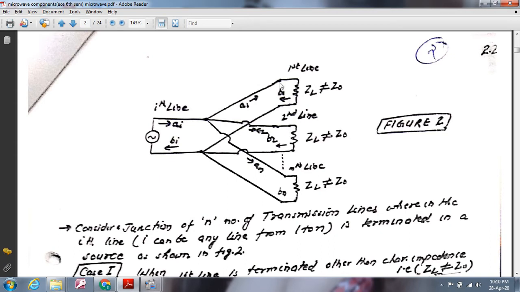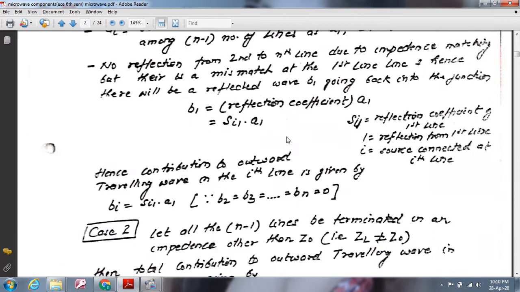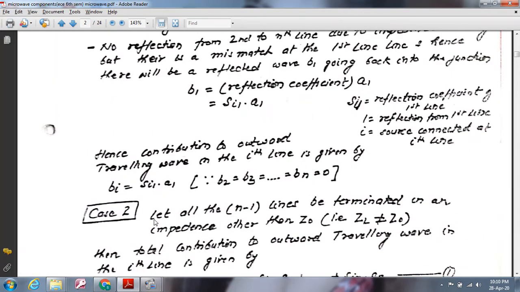This B1 is the reflection which is coming from this first line. B2, B3, B4, up to Bn, they all will be 0 because of matched impedance.